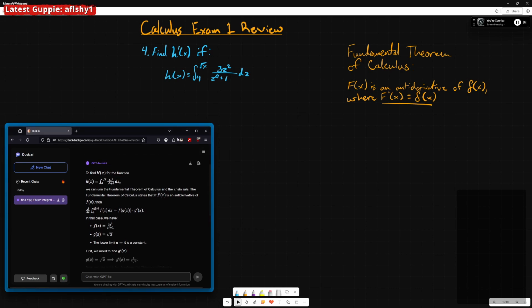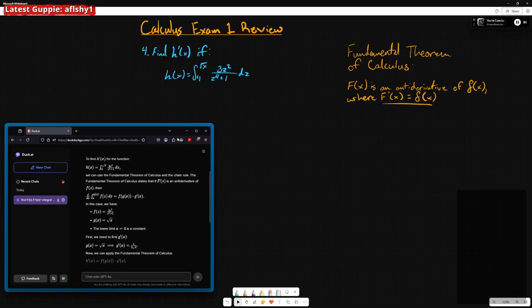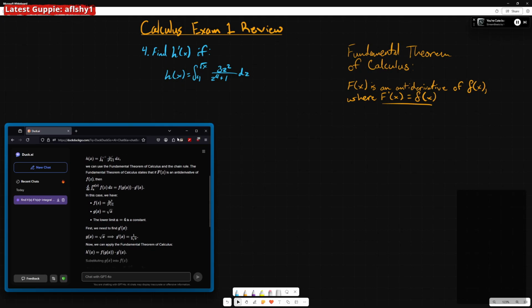So in this case, it's saying the fundamental theorem and the chain rule state that F of z is an antiderivative of f of z.